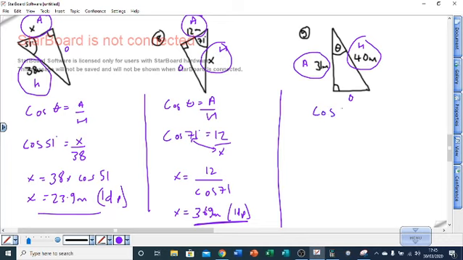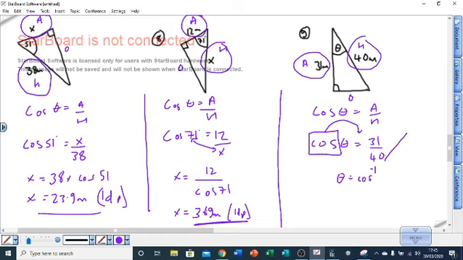It's cos, so it's cos theta equals adjacent over hypotenuse, and theta is left as theta because we don't know it, is equal to adjacent is 31 over, and the hypotenuse is 40. And again, to cut this away, to get theta on its own, because after all that's what we want, you throw it over and it becomes cos to the minus 1, which its proper name is arc cos.